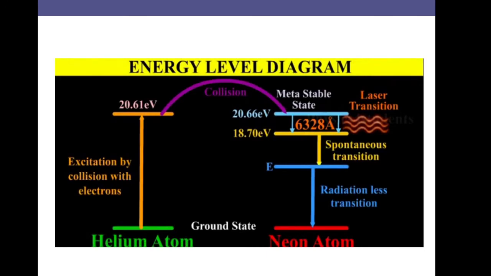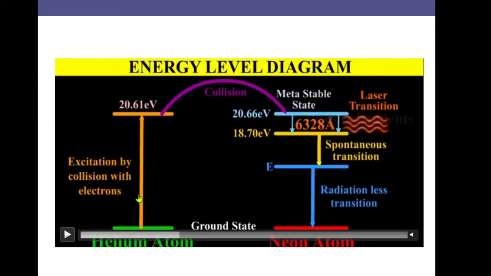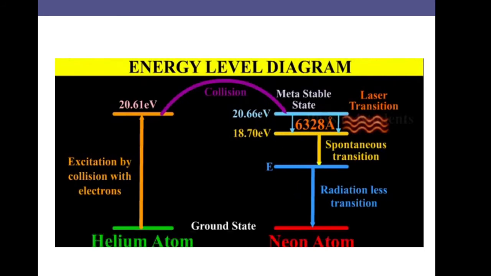We said that the probability of collision with the helium is greater than that of neon, and this represents the energy levels of the helium atom, and this represents the energy levels of neon atoms.